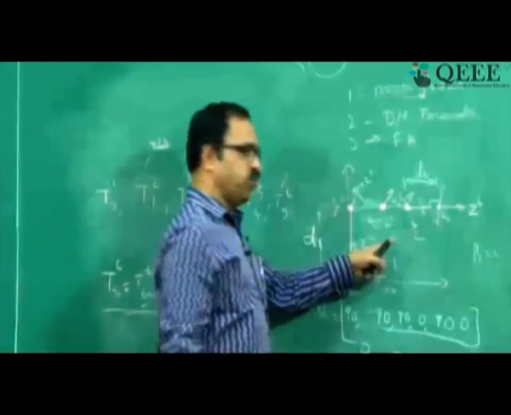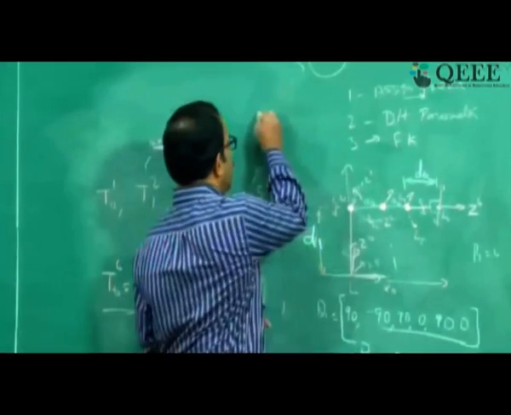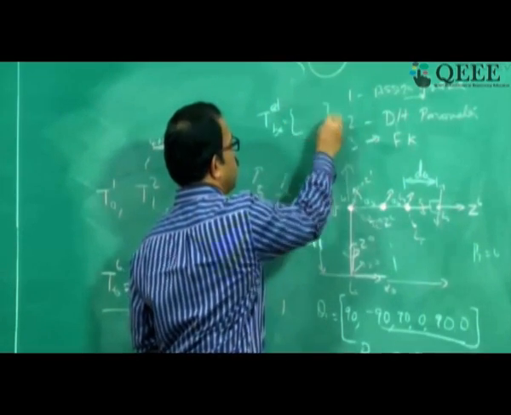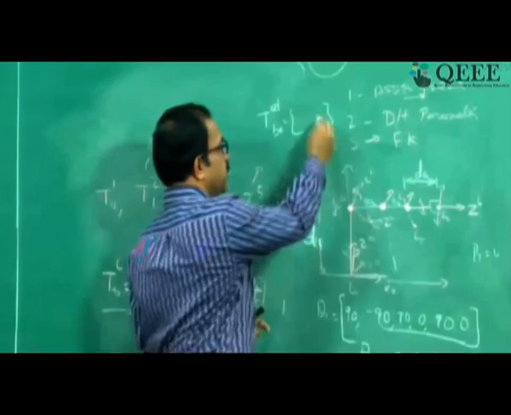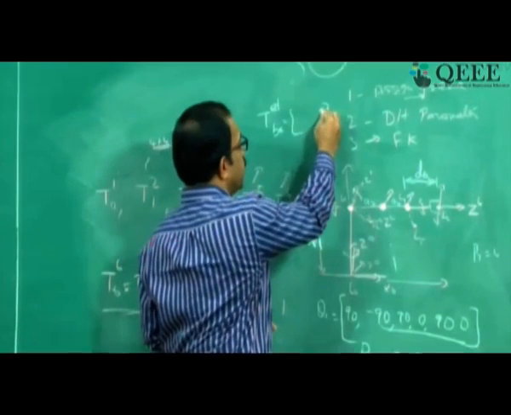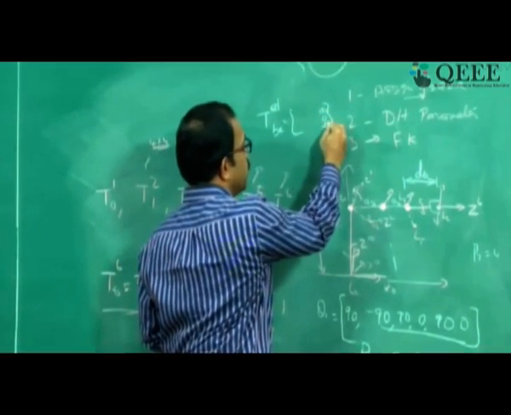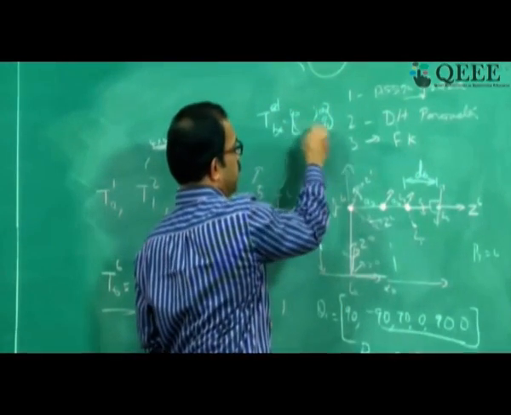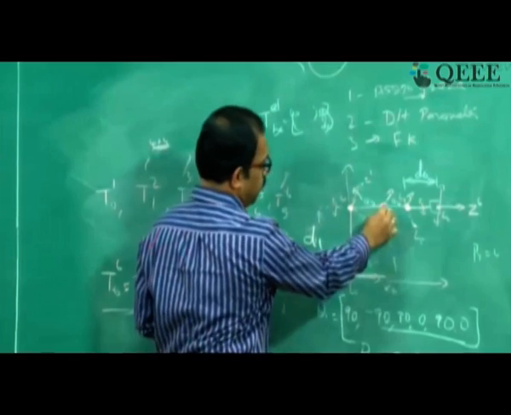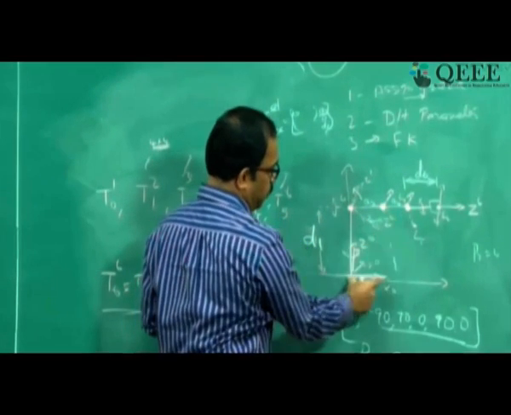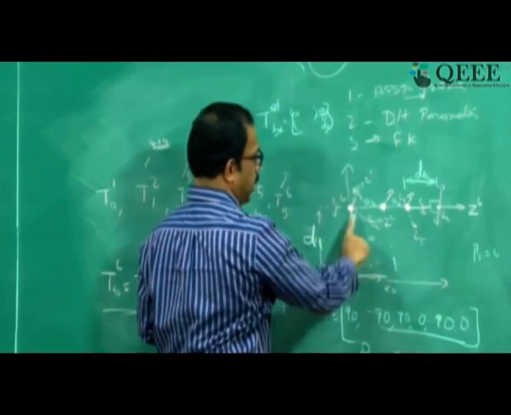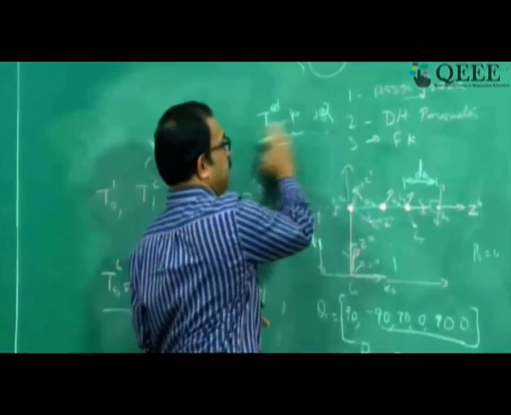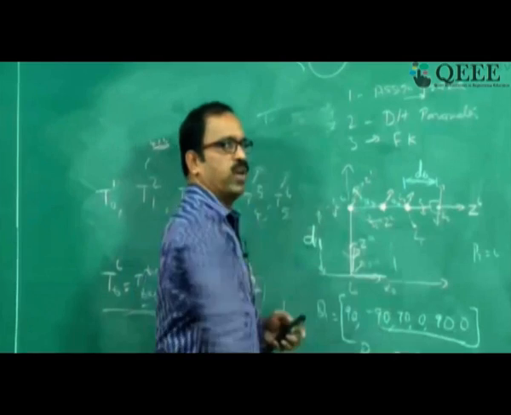If you calculate elbow to base and substitute the values of theta, you will get A3, 0 and D1, and all others will be 0 in this matrix. That means the Px of this position is A3 and Pz will be D1 for the elbow. And that is a partial cross check of the forward kinematics.